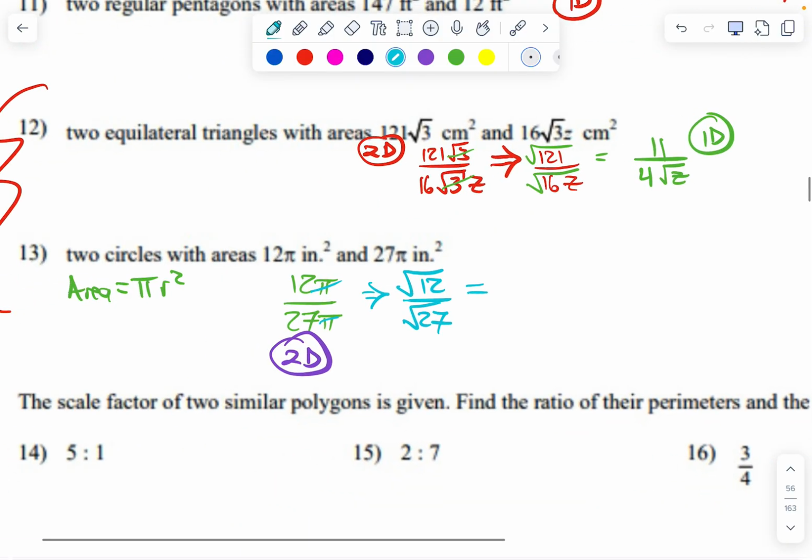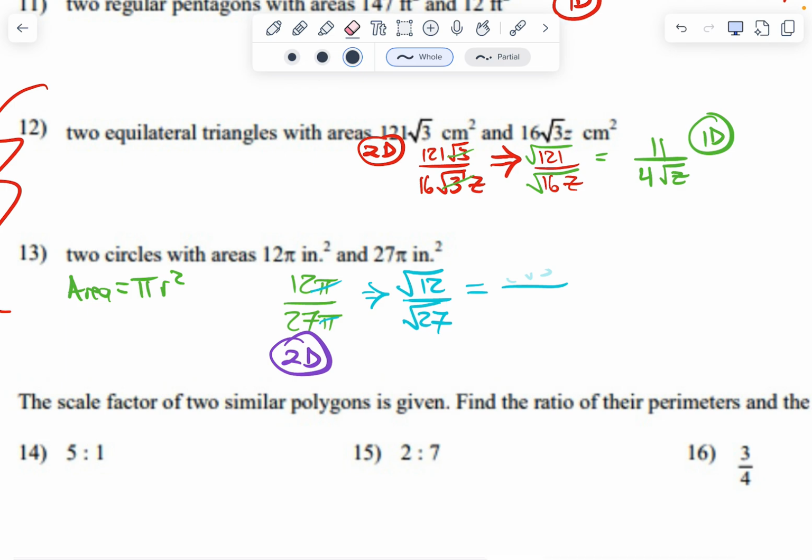Okay, what's the simplified radical form of square root of 12? 2 root 3. So it comes from square root of 4 times square root of 3. How about square root of 27? What's the simplified radical form of that? How do we simplify that?